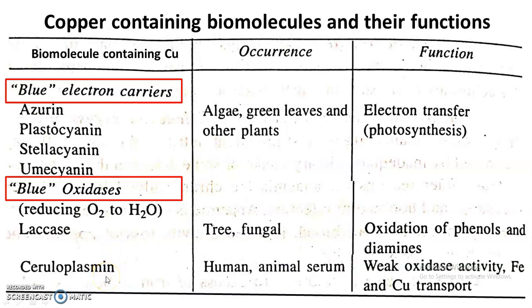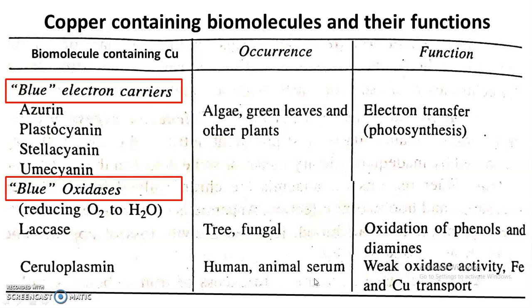Next is ceruloplasmin. Ceruloplasmin mainly occurs in human or animal serum, that is, in the plasma of mammals, birds, amphibians, and reptiles.